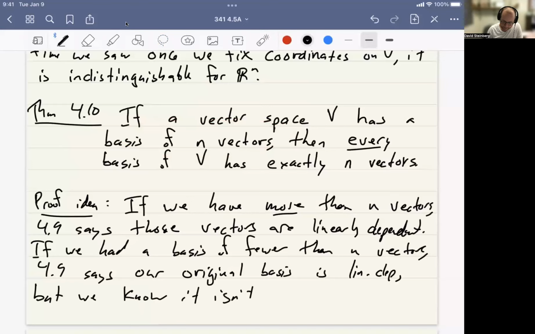We know it isn't because a basis by definition is linearly independent and spans the entire vector space. Okay. And of course, you can see more details for these theorems in the textbook. I just wanted to give you an idea of what the proof sort of contains.